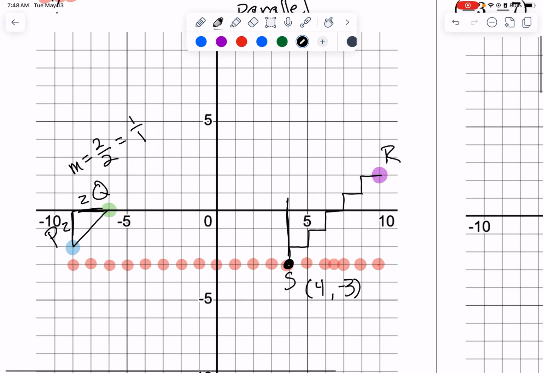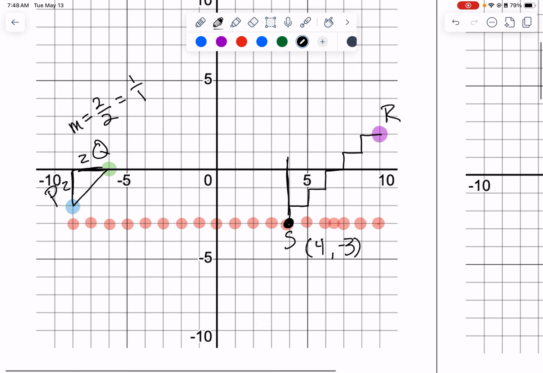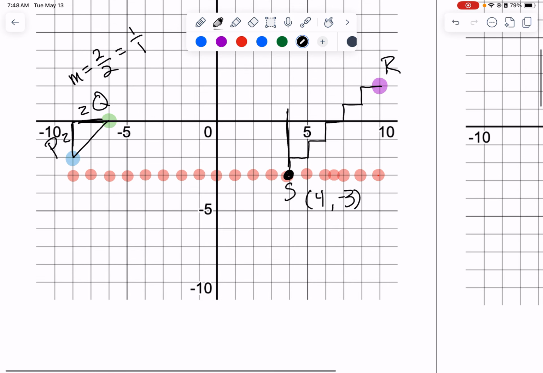Now I'm also going to show a way to do this without a graph, where you can do it with a slope numerical calculation.